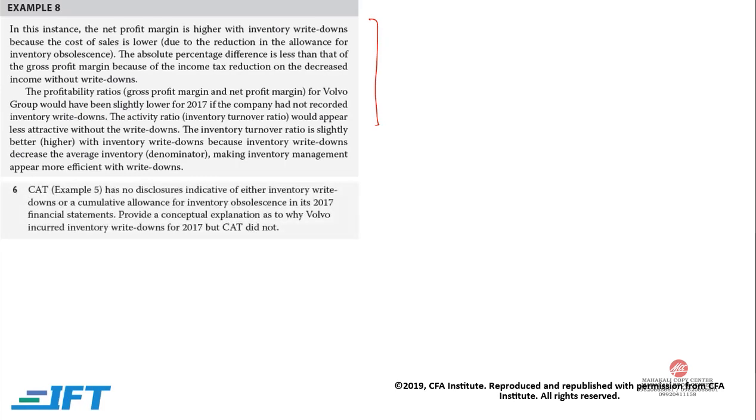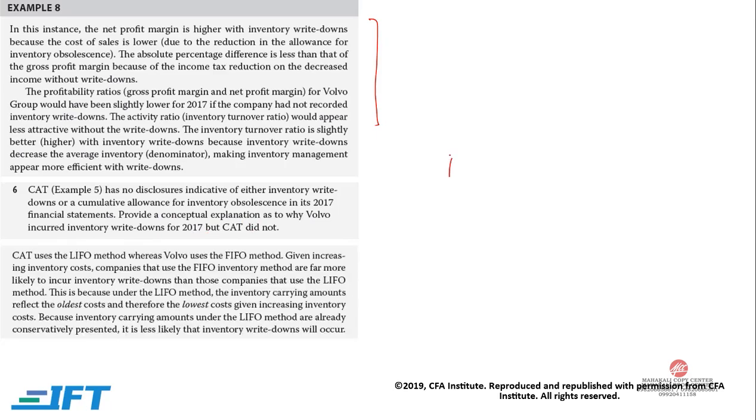Now part 6, CAT in example 5 has no disclosure indicative of either inventory write-down or cumulative allowance for inventory obsolescence in its 2017 financial statement. Provide a conceptual explanation as to why Volvo incurred inventory write-down for 2017 but CAT did not.